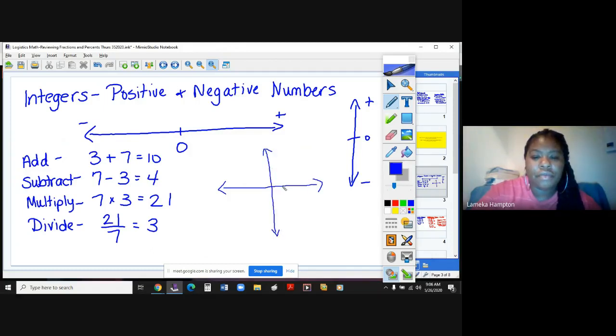The horizontal line is your x-axis and the vertical number line is your y-axis. So that's why it's very important that you catch those connections between integers, a horizontal number line, and a vertical number line.